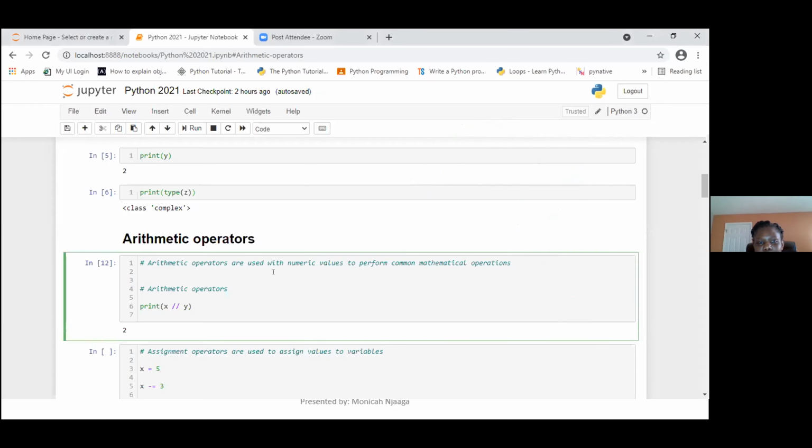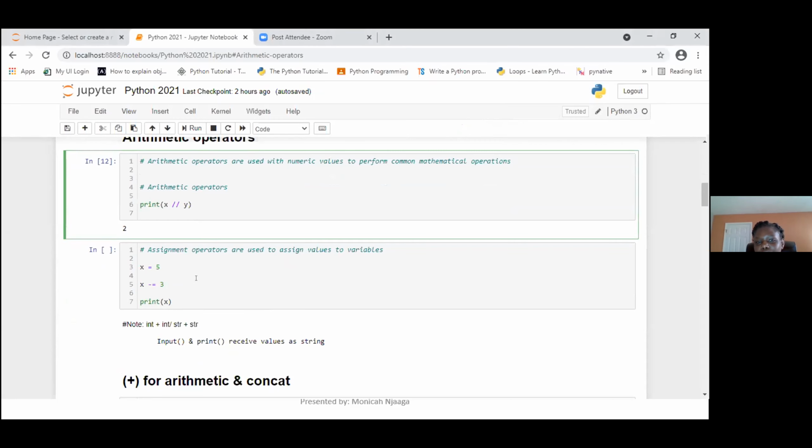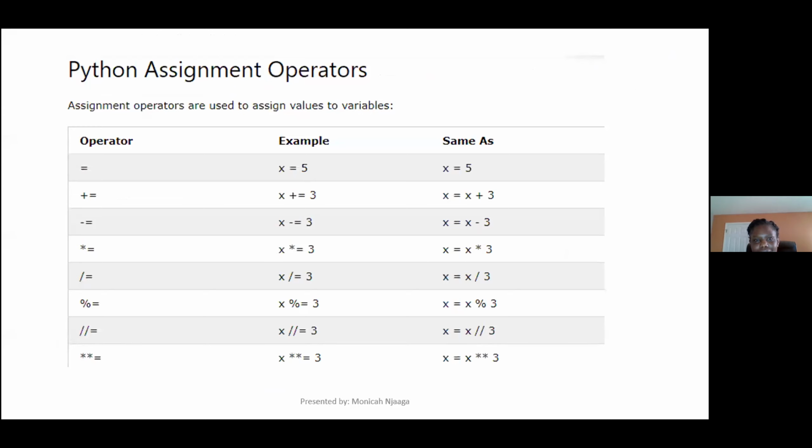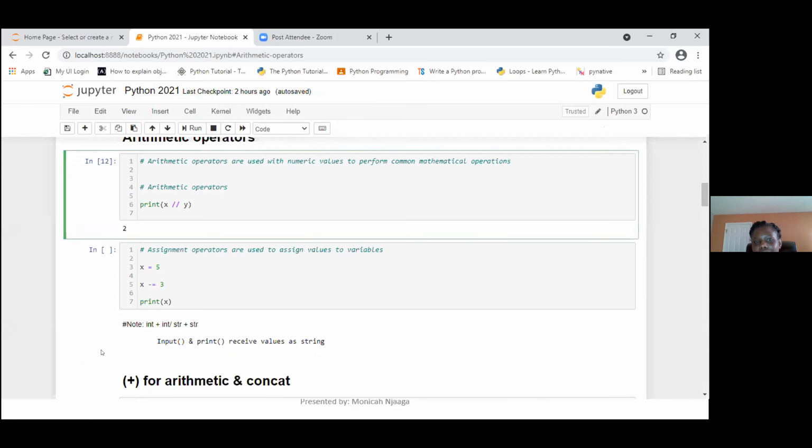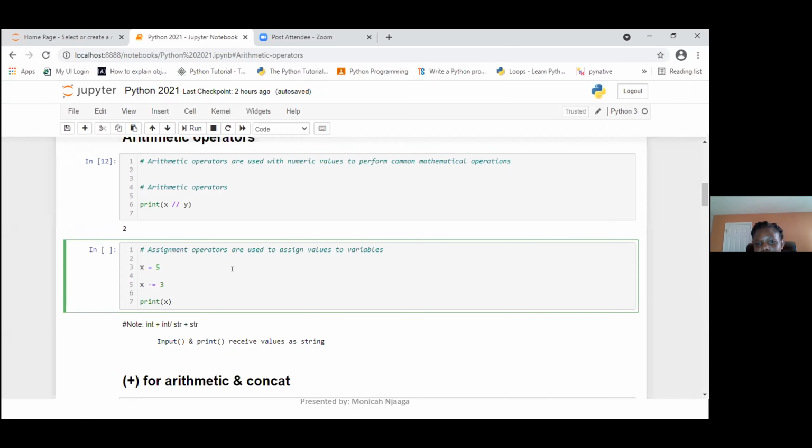And so on to that, now we also talked about our assignment operators, and let me just switch back here so we can remind ourselves. So these are the equals to, the plus equal, on and on, everything that we've done for arithmetic, only that we are putting an equal. So how do those work? So assignment operators assign values to variables, like we assigned your name to a variable. So in this case, we are assigning x equals to 5, right?